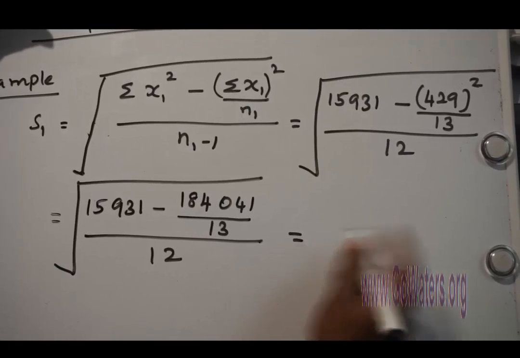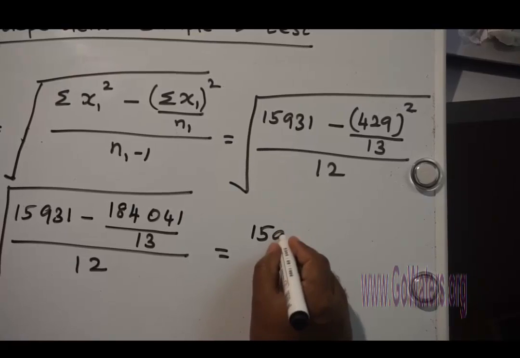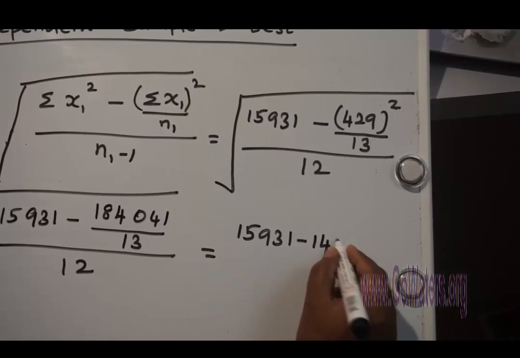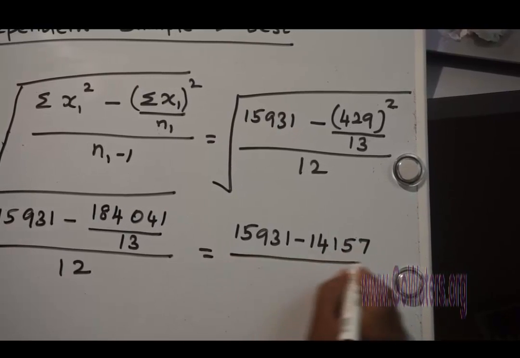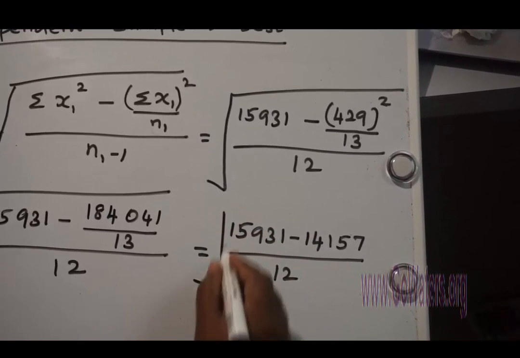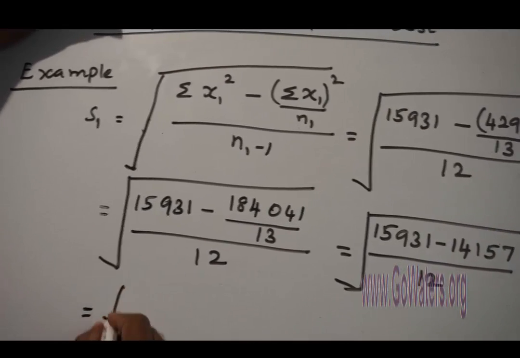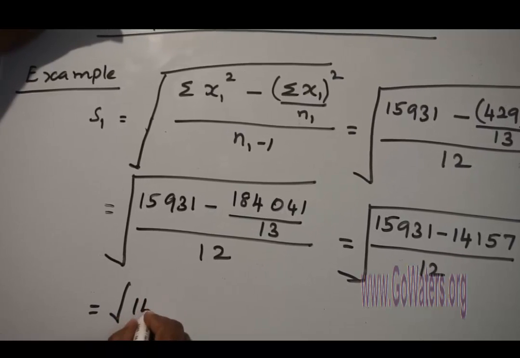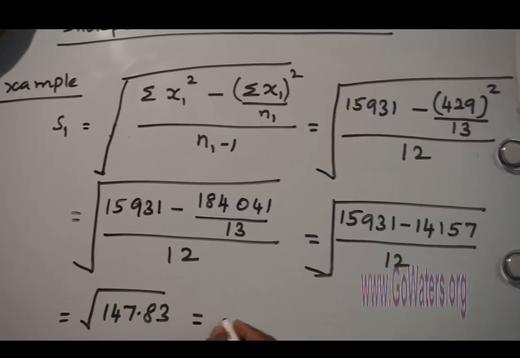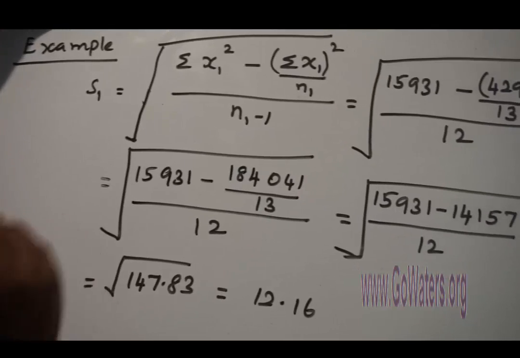So that is 15,931 minus 14,157, the whole divided by 12. That is equal to the square root of 147.83, which is 12.16. This is my S1.